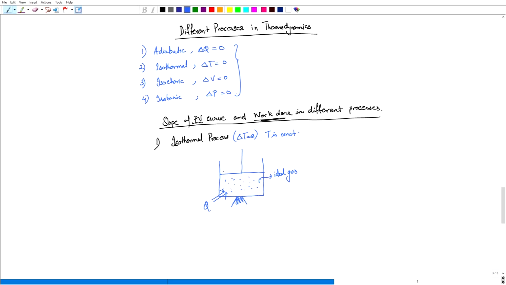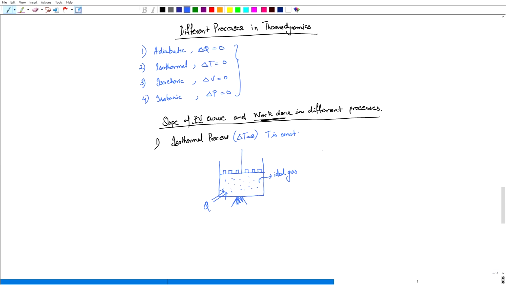We are putting some blocks over here. In order to have an isothermal process, whatever heat is going in will be converted directly into work. Why am I saying so?